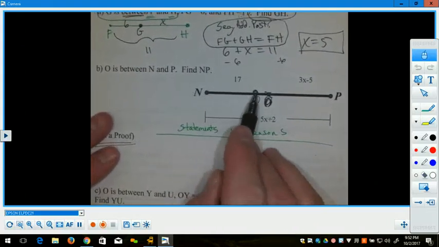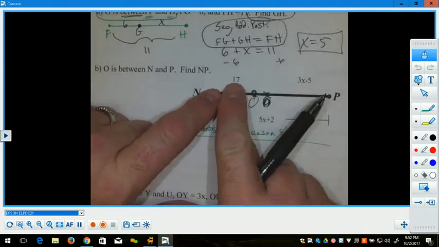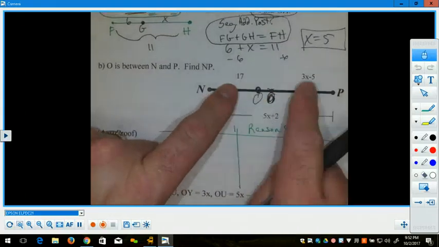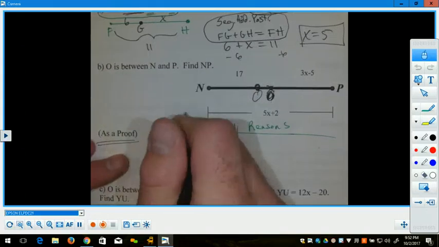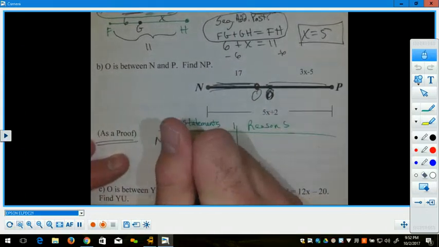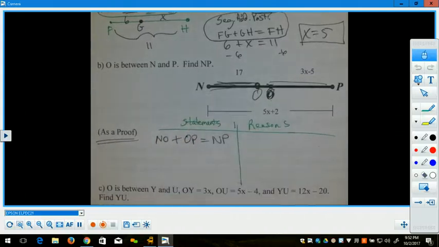All right, so the statement I'm going to write is about, hey, why am I going to be able to make an equation? Yeah, there's the whole thing, NP, and here's the pieces. So the equation I'm going to write to start is NO, piece NO, plus piece OP equals the whole thing, NP. How do I know this?